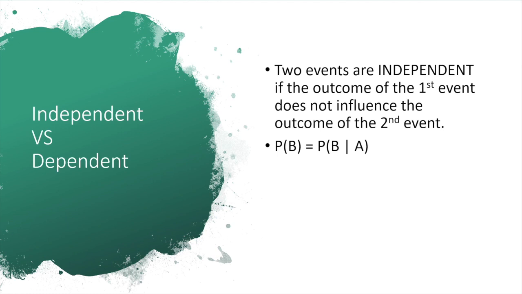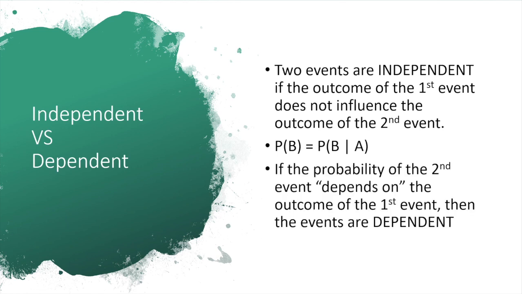If those two things are equal, the two events, A and B, are independent because B does not depend on event A. If those are not equal, then event A influences the outcome of event B, and then we say the two events are dependent.